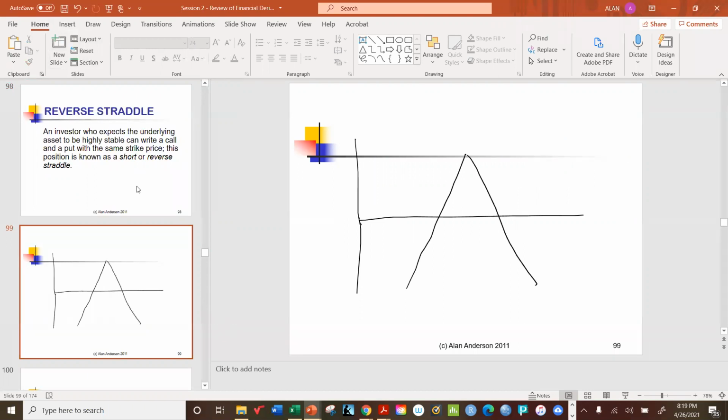So we just flipped it upside down. So here's 50. Here's 55. And here's 45. But this time, unlike the butterfly spread, where we had maximum losses, what do you notice about this position? There's no limit to our potential losses.